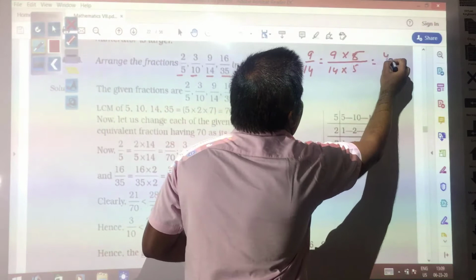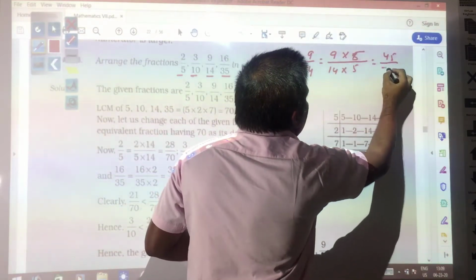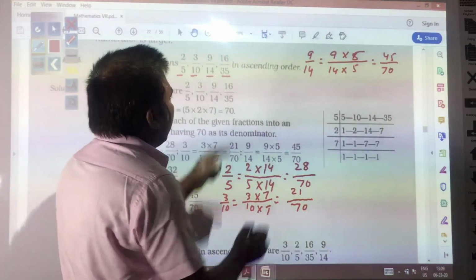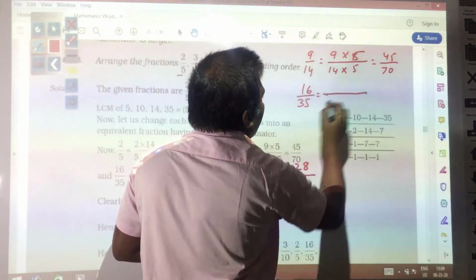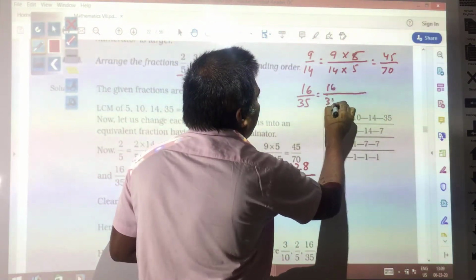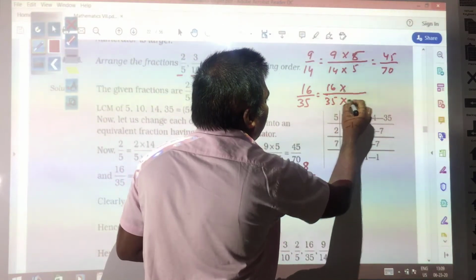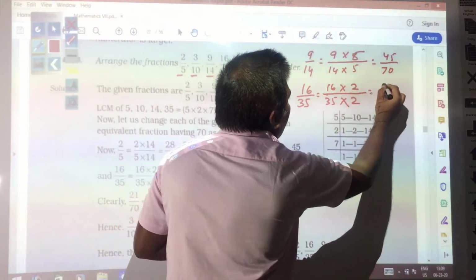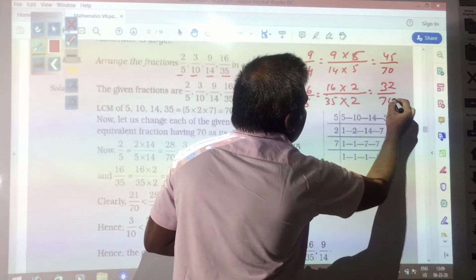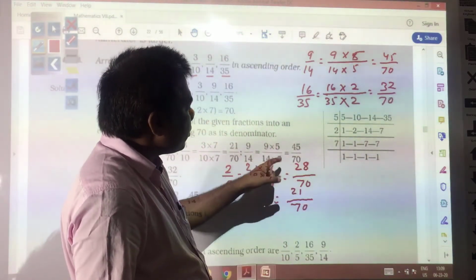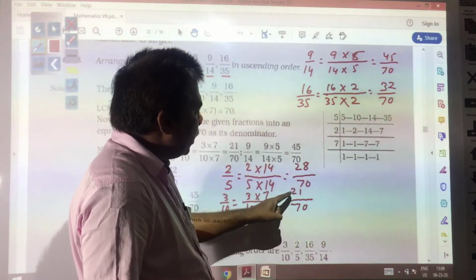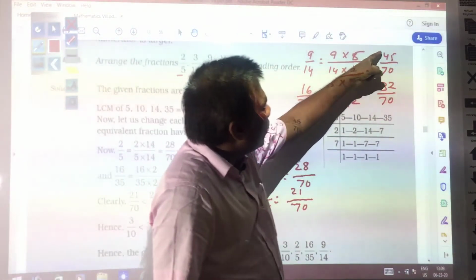So, this will be 45 by 70, and next you have 16 by 35. Again you need to multiply with 2, so that you will get 32 by 70.